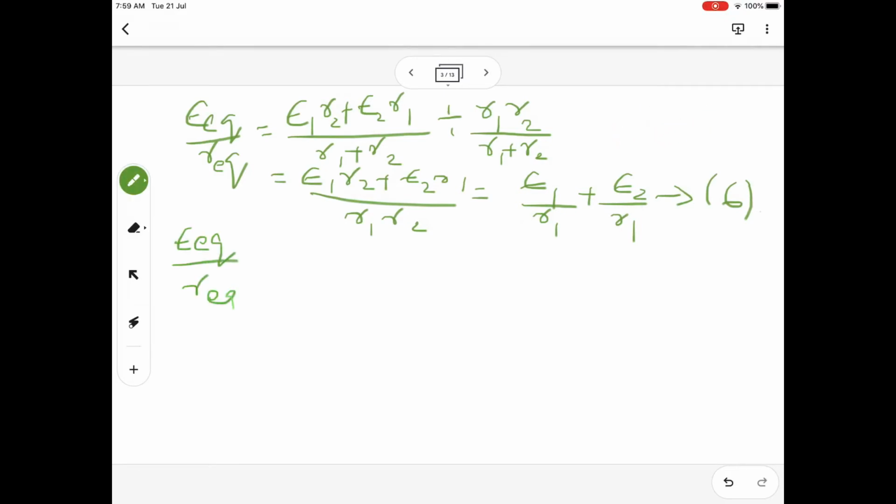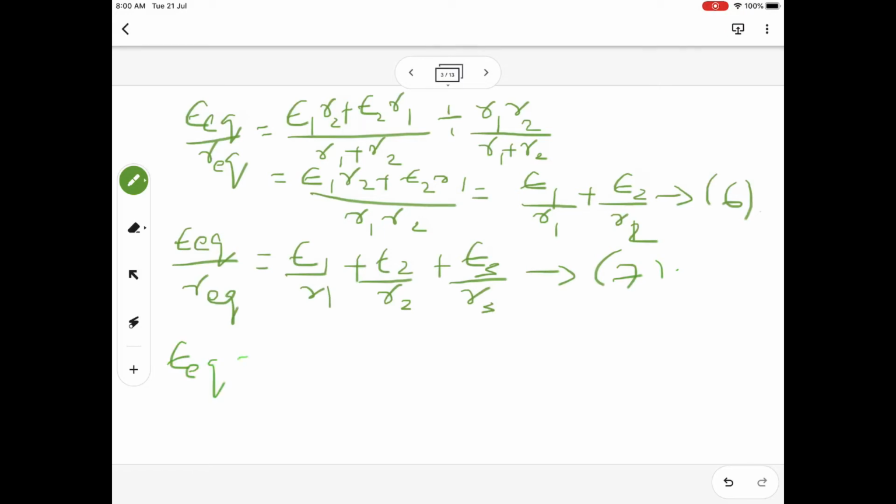So if we have one more cell, writing such an equation is of no great difficulty. It could be of this form: E equivalent by R equivalent equals E1 by R1 plus E2 by R2 plus E3 by R3. If there is one more cell, it comes to be plus E4 by R4.